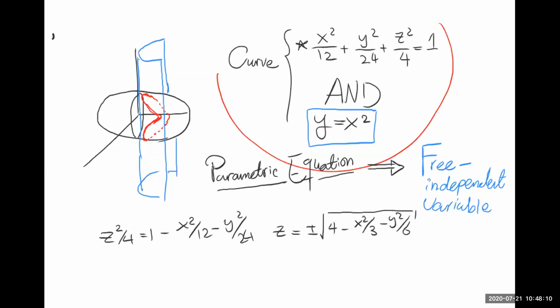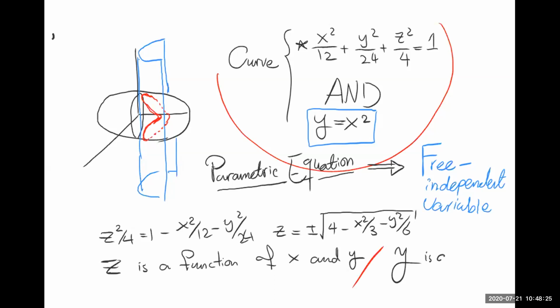So here we see z is a function of x and y, and y itself is a function of x. So the free variable, the independent variable, is x. z is a function of x and y is a function of x. So everything is a function of x actually. So the free variable is x, okay?